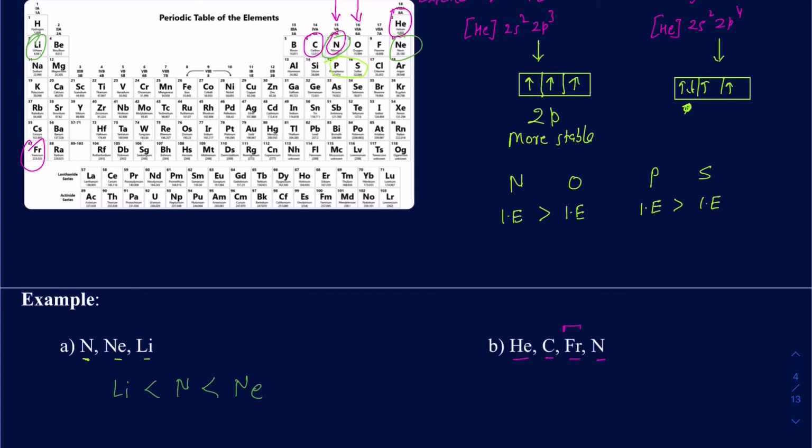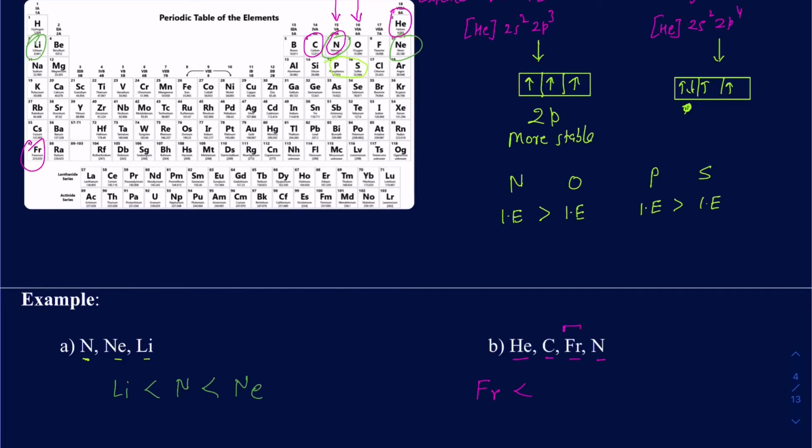Okay, and you can also think of it this way: as you go down the group, your ionization energy decreases, and francium is all the way down in this particular set. Even though they are not in the same group, you can clearly see it's further down in the periodic table. So francium, being the metal and furthest down in the periodic table, is going to have the lowest ionization energy. Now helium is all the way at the top in the periodic table.